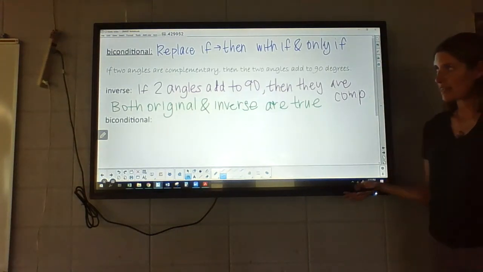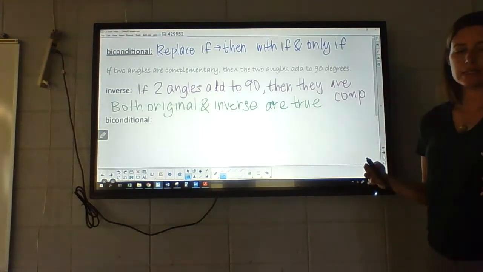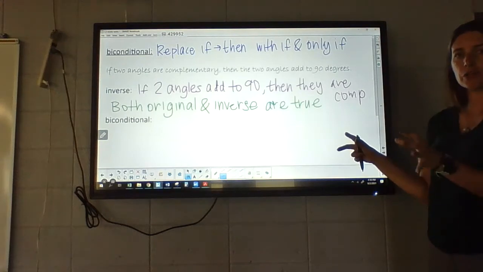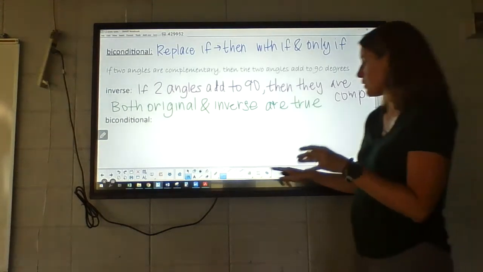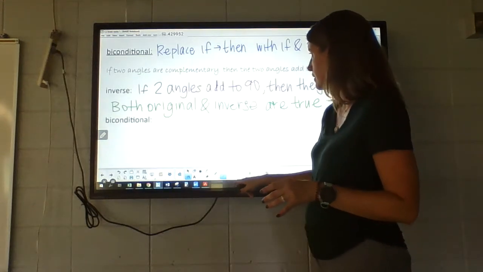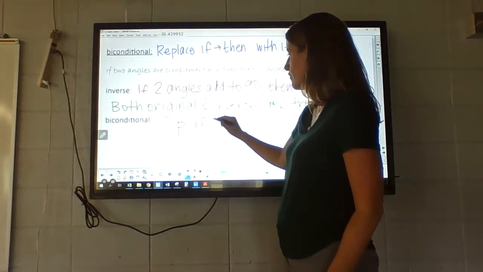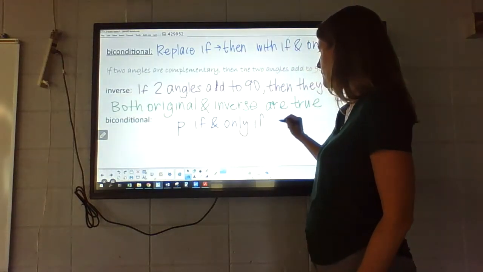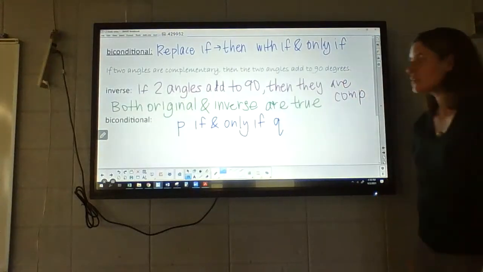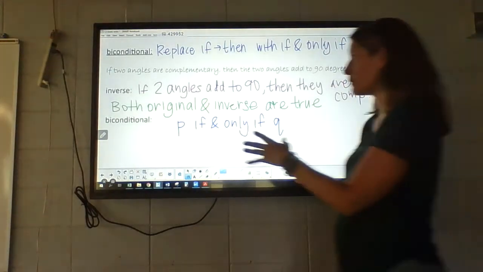So in that case, rather than saying both of those things, what we do is we basically take the hypothesis and the conclusion and put if and only if in the middle. So I'm going to take the P, so it's going to be P if and only if Q. So I'm not having if and then, I'm having the if and only if in the middle.